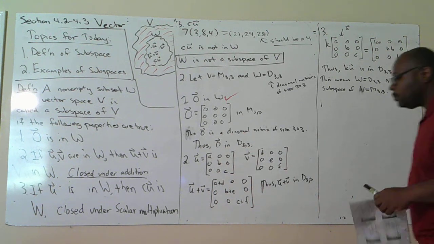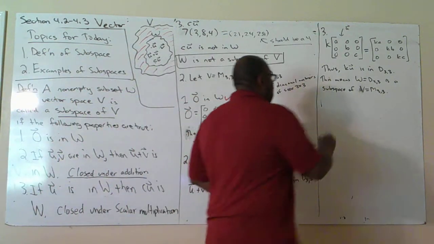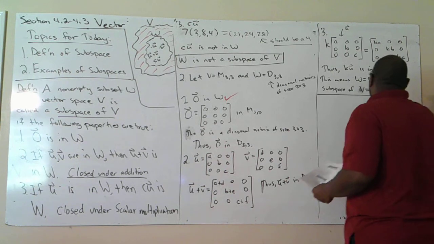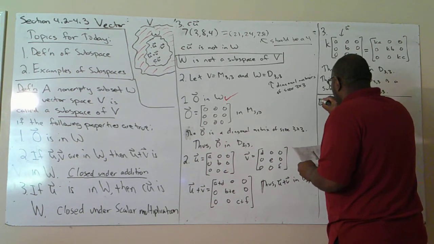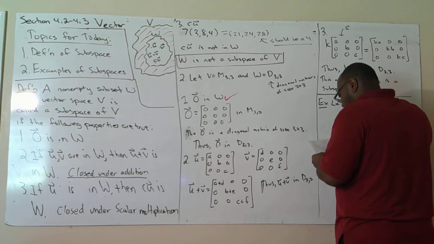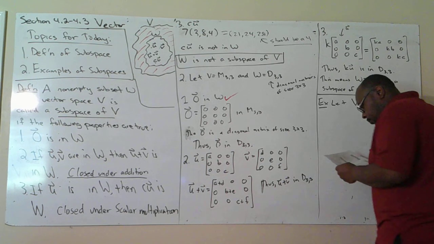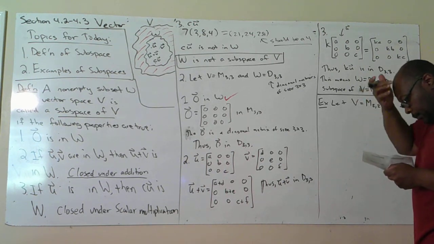Let V equal M22. So we're staying with matrices, matrices of size 2 by 2.